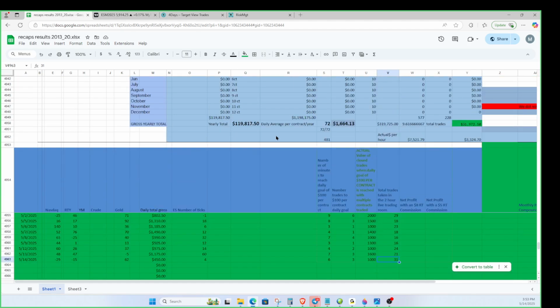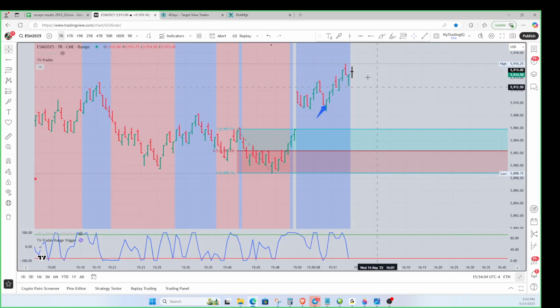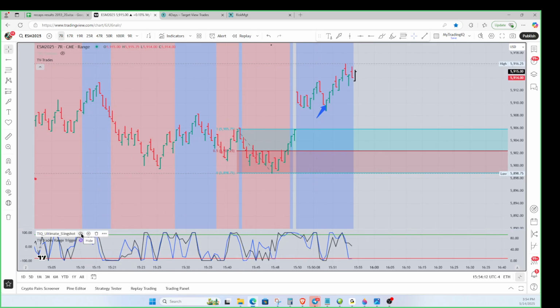But I do it every day. You can take a trial there if you want to and watch that. It's not exactly the same, but it's using the TV Trades range trigger. I use that every day, but I also use that and that.